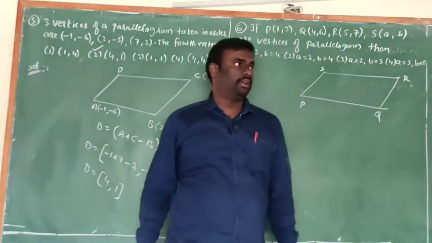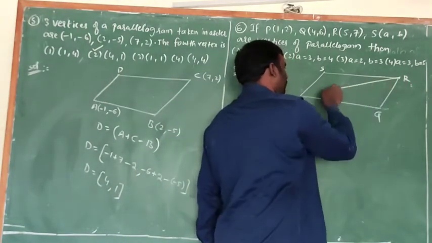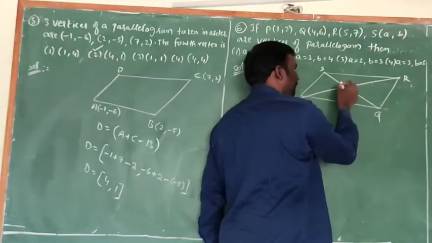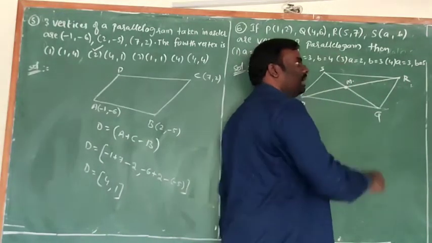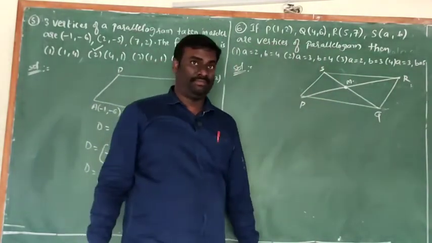So these are the vertices of a parallelogram. This is a diagonal. This is a diagonal. In a parallelogram, diagonals bisect each other.